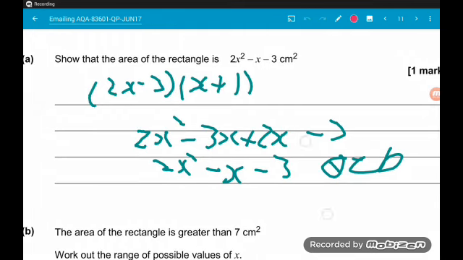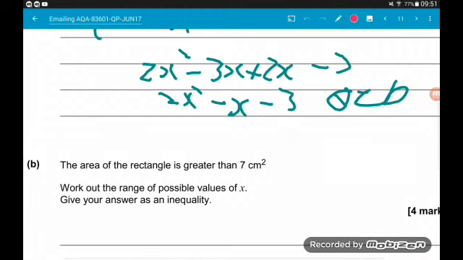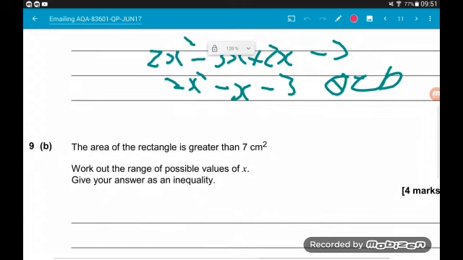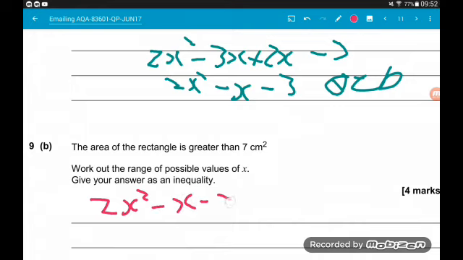Okay, and then for part B, we're told the area of the rectangle is greater than 7 centimeters squared. So, we want to find the range of values for x. First of all, we just worked out an expression for the area: 2x squared minus x minus 3.